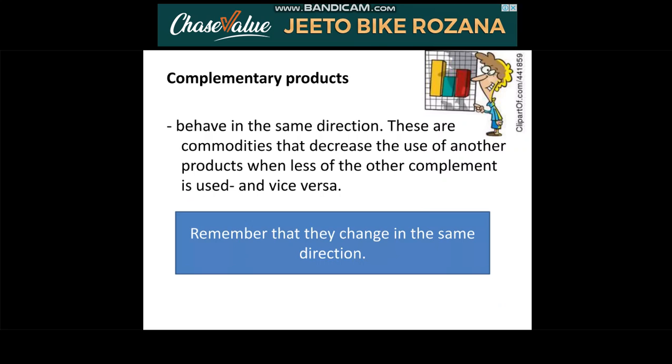Complementary products behave in the same direction. There are commodities that decrease the use of another product when less of the other complement is used, and vice versa. Remember that they change in the same direction.